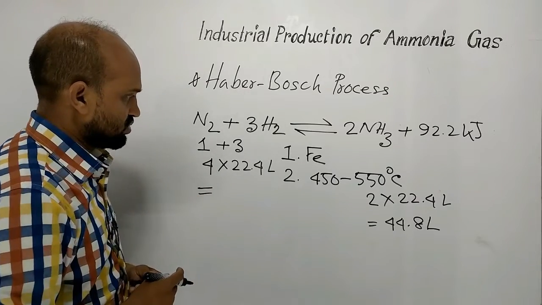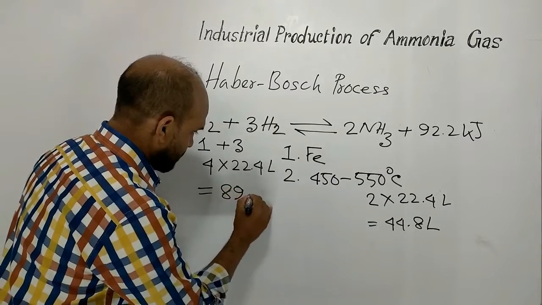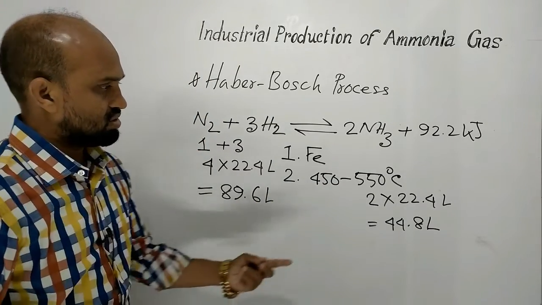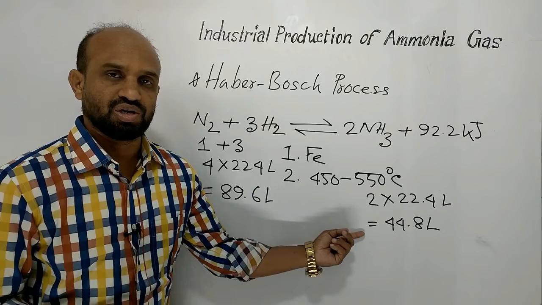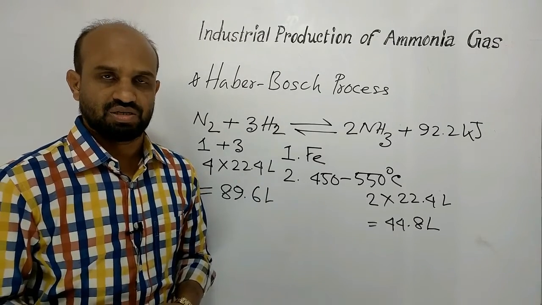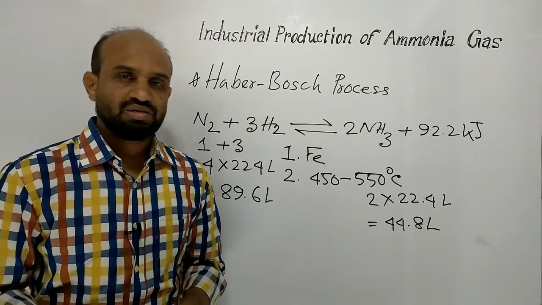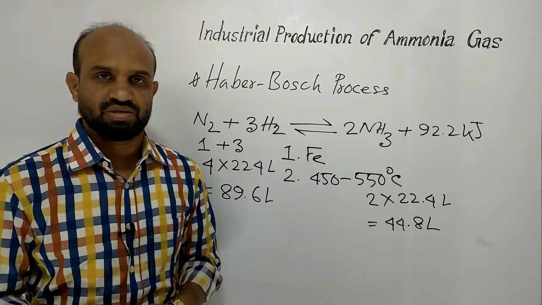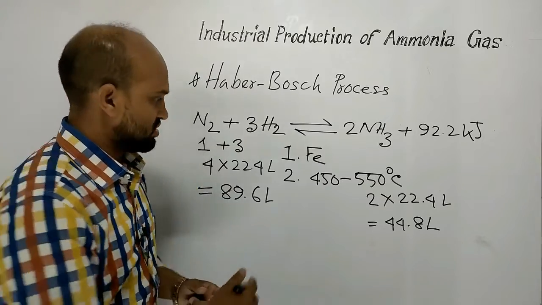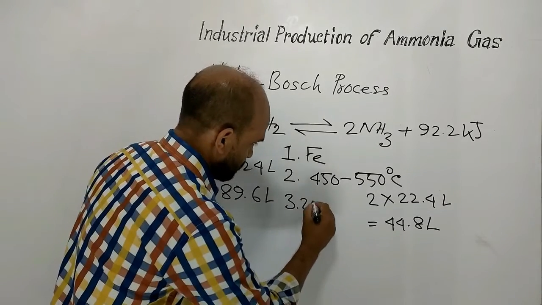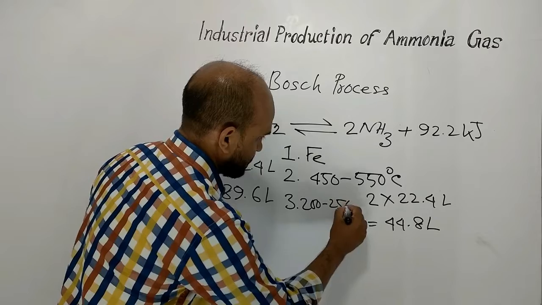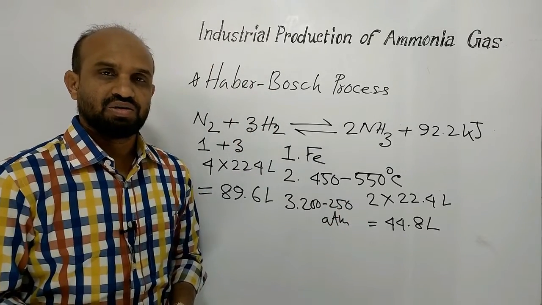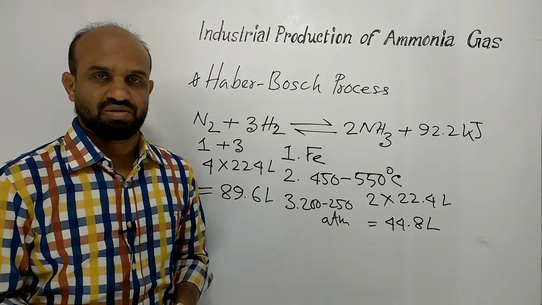This is equal to 89.6 liters. That means with the production of ammonia, the volume is decreased. That is, high pressure is favorable for the reaction, and for this 200 to 250 atmosphere pressure is applied here to get maximum product.